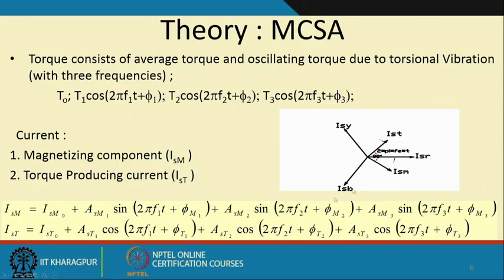And they are 90° out of phase, ISM and IST. Okay. And then I have written here ISR, ISY, ISB, because these are the 3 phases of the motor. We will discuss any one phase. So, in any particular phase, you see the magnetizing component is given by a sine function, and the torque producing component, which is 90° phase difference with the magnetizing component, is given by a cosine component. So, these are the 2 current components being drawn by the motor.